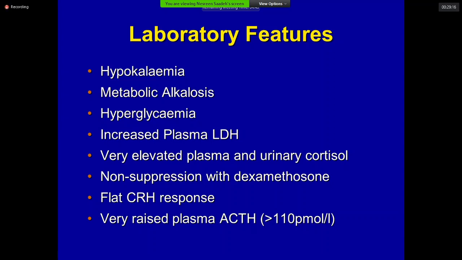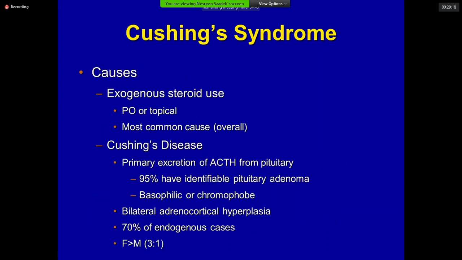The causes of the Cushing, we said earlier that we should double check and make sure that the patient is not taking any exogenous steroids, whether oral steroids or even topical. And this is the most common cause that we see overall in practice. People are being medicated with steroids and manifesting excess steroids, Cushing syndrome, basically because of these medications.